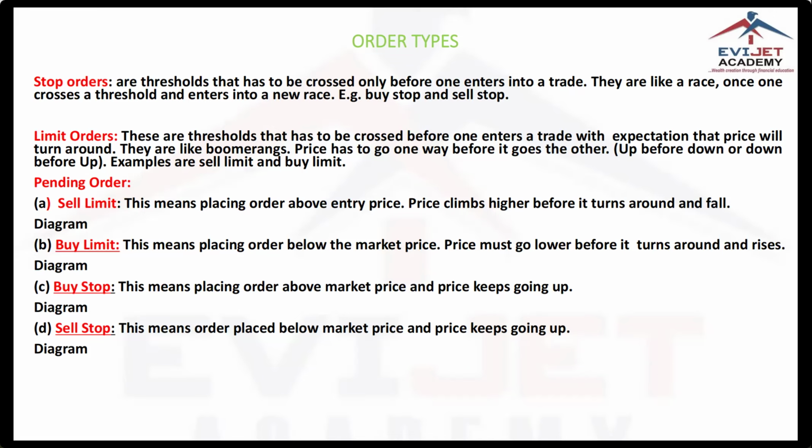Price must go lower before it turns around to rise. Then we have buy stop. This means placing an order above the market price and price keeps going up. Sell stop means an order placed below the market price and price keeps going down.